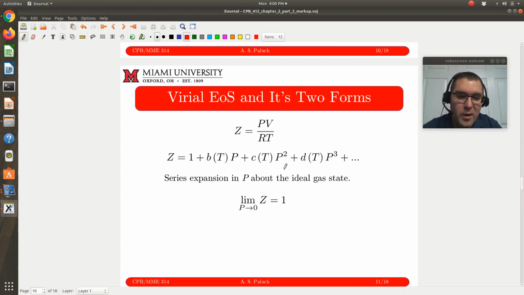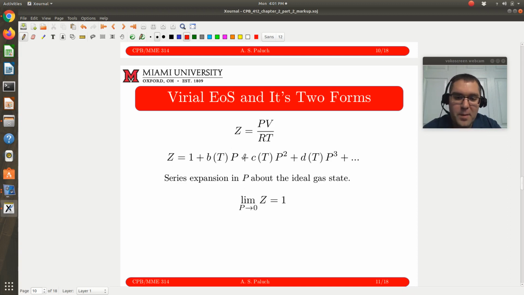One way to look at it is, here Z, my compressibility, Z is PV over RT. Here I'm just writing Z as a power series expansion with respect to P. B, C, and D would correspond to what we'll call virial coefficients, which are going to be a function of T.